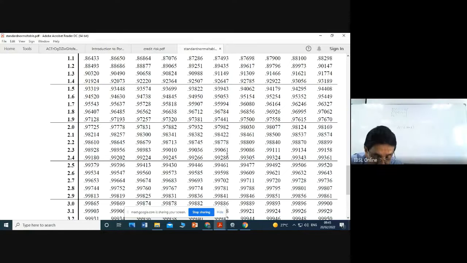We have to see what portion of 0.00025 is to be taken. So there we can say 48 over 50.